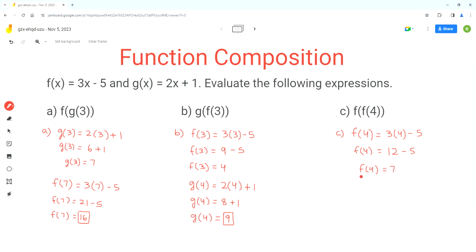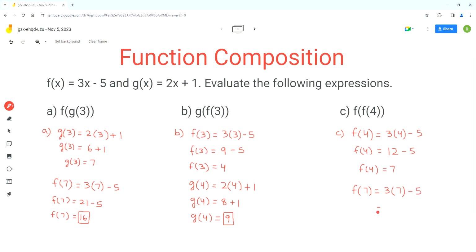Now we can sub in f(4) as 7 in the given expression. So we get f(7). We can evaluate it by subbing in x as 7 in the given f function. So we get 3 times 7 minus 5.